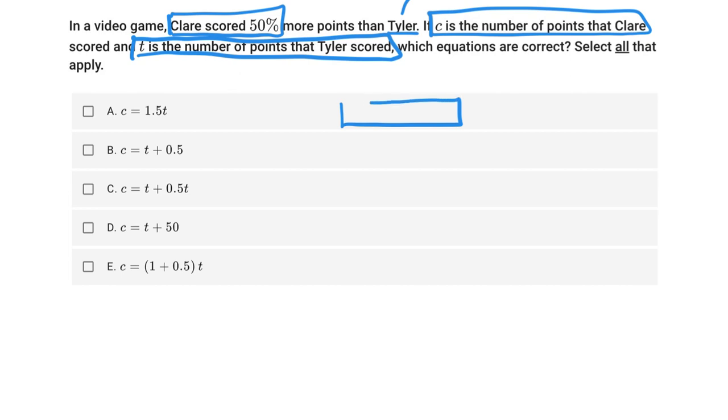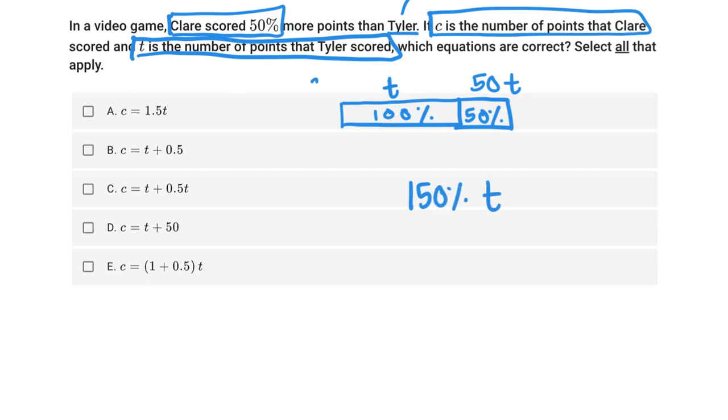We don't know how much Tyler scored, but he was 100%. Then Claire was 50% more. So that is 50% of Tyler's. Or we could say 150% of Tyler's.